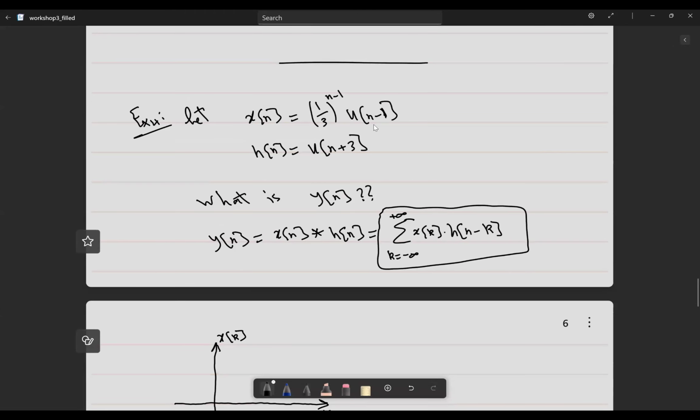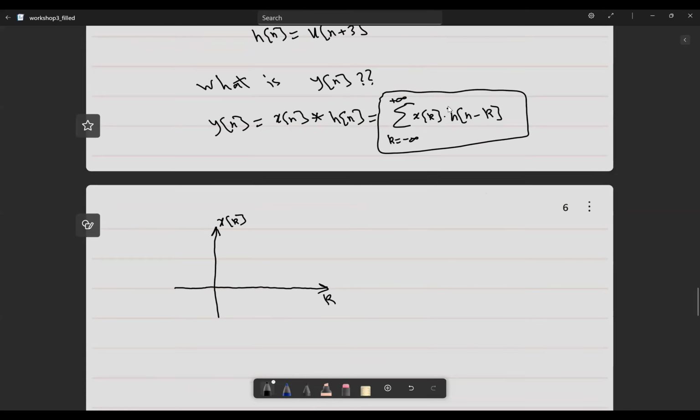We know that u[n] is nonzero for everything greater than or equal to 0. So u[n-1] is just the unit step, but shifted to the right by 1. So it will start from here.